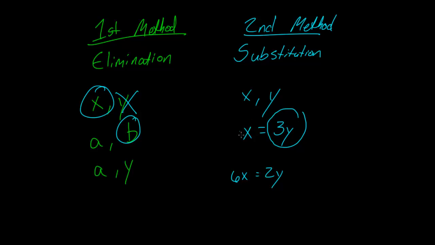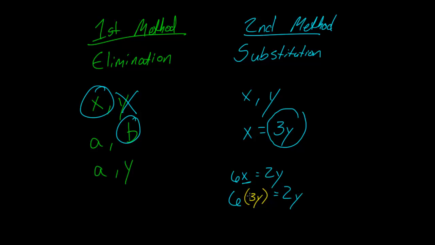Now, when we're going to substitute in, we would put 3y in where we see an x. So, let's say 6, hey, there's an x. So now I'm going to put 3y in: 6 times 3y equals 2y.